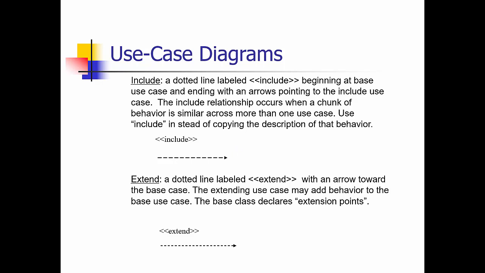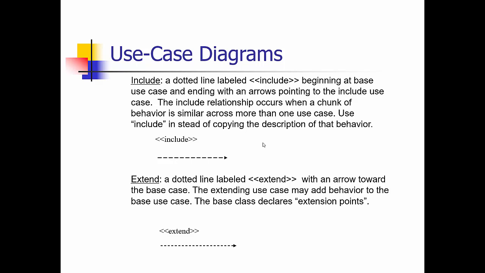You use include when there's some chunk of behavior that's very similar and repeats in more than one use case. So rather than specify it again and again in all the separate use cases, you specify it once, and then you draw this include line from those repeating use cases to indicate that they include that particular behavior that gets repeated again and again.